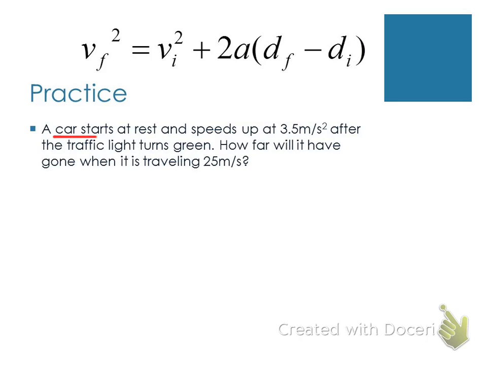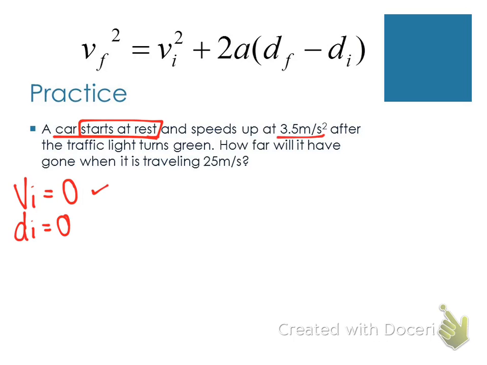Okay, so by telling us it starts at rest, what variable does that give us? Initial velocity and initial displacement. Both of those variables can be understood to be zero. The specific words start at rest tell us velocity is equal to 0. But since it doesn't give us a starting position, we assume that d sub i is 0 also.